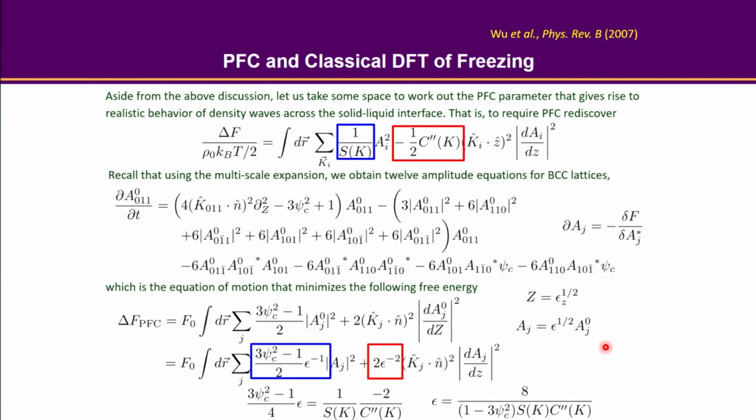But as I just said, if you want to include more properties, you just throw in more degrees of freedom. Then if you have enough degrees of freedom, you can probably capture, to a certain degree, a realistic structure, a realistic correlation function. Then you can have more physics implemented.